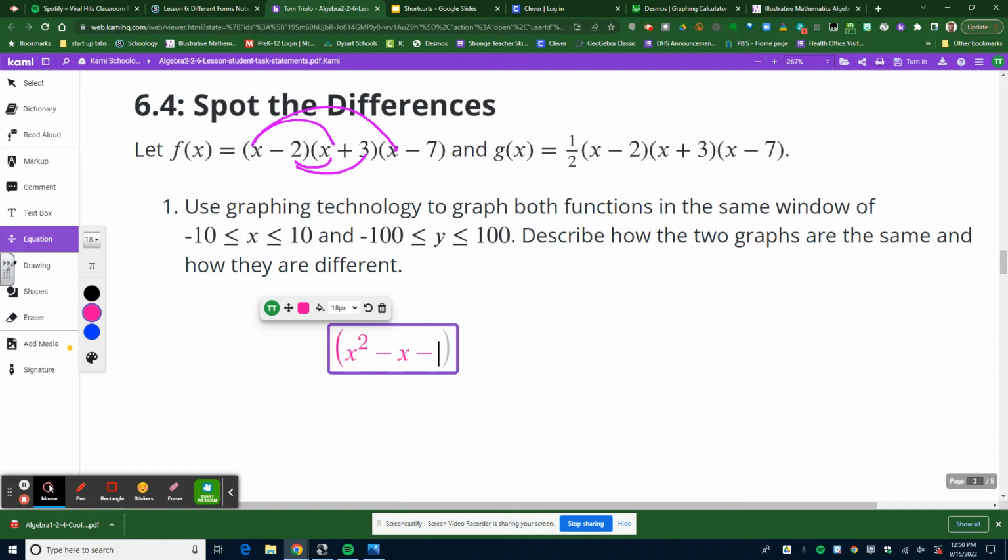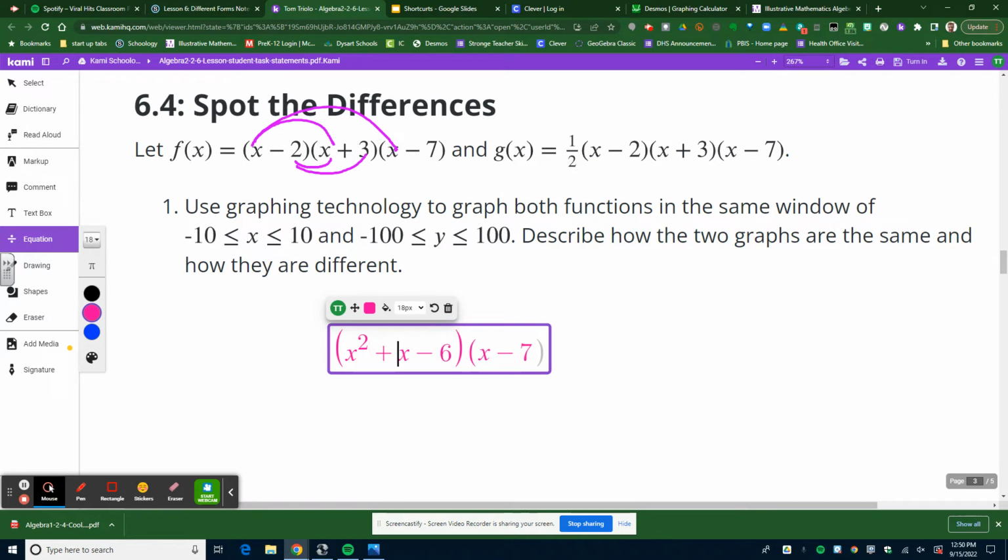Negative 2 times 3 is minus 6. And I still have the other piece, which is x minus 7. Okay? Questions so far? Good. Oh, it's plus x. Thank you. So 3 minus 2 is positive 1, not negative.